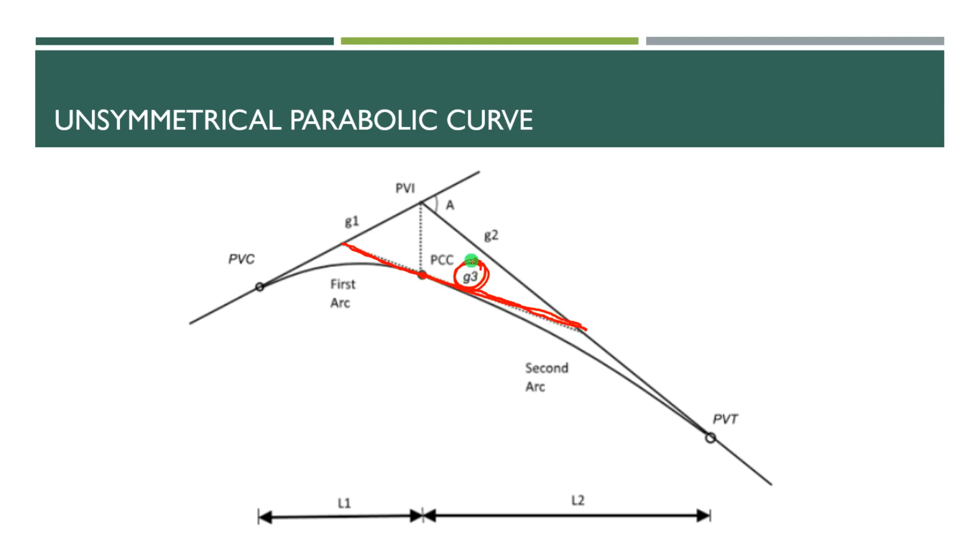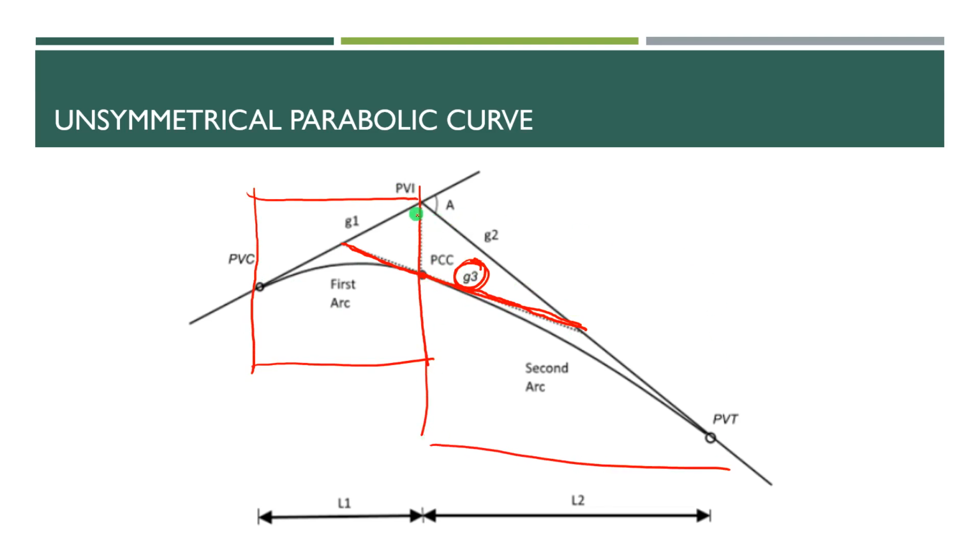So when we compute the grade of that tangent, now we can solve the first curve and the second curve separately, depending on the required. So we can now solve this symmetrical parabolic curve and this symmetrical parabolic curve also using the principles and solutions and formulas in a symmetrical parabolic curve.